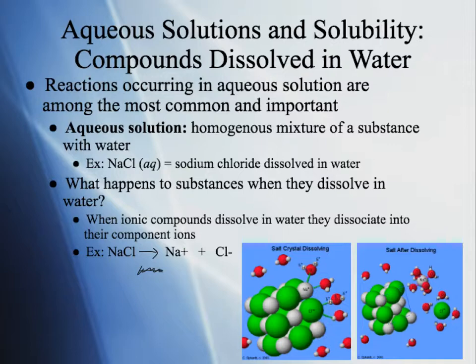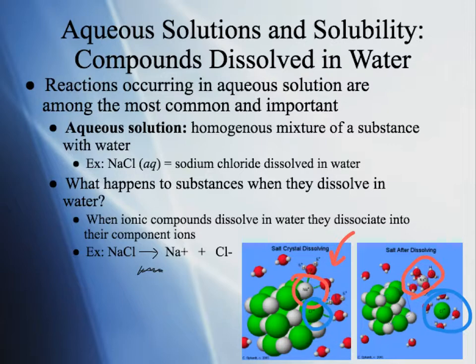You can see in this picture right here, the oxygen of the water molecule is slightly negative, so that's going to be tugging on the positive sodium ion, and the hydrogens of the water have a slightly positive charge, so they are going to tug on the chloride ions. Eventually you're going to get the sodium ions pulled away from the chloride ions, and they're all going to be surrounded by little water molecules. So that's what happens when you dissolve ionic compounds.